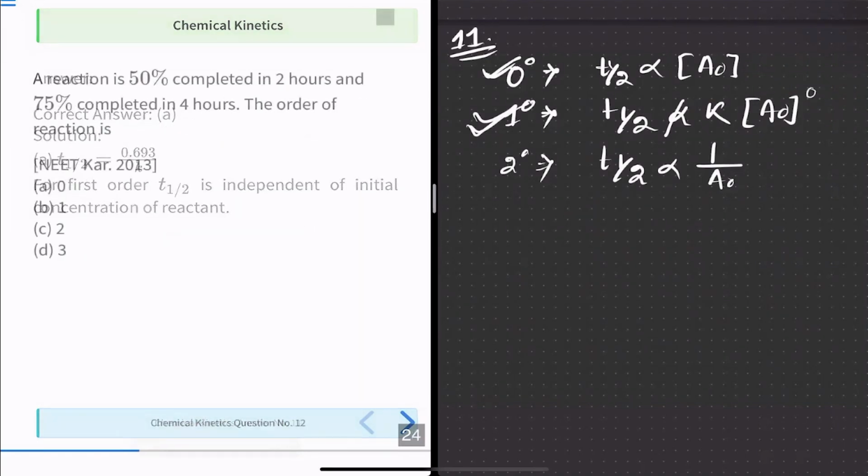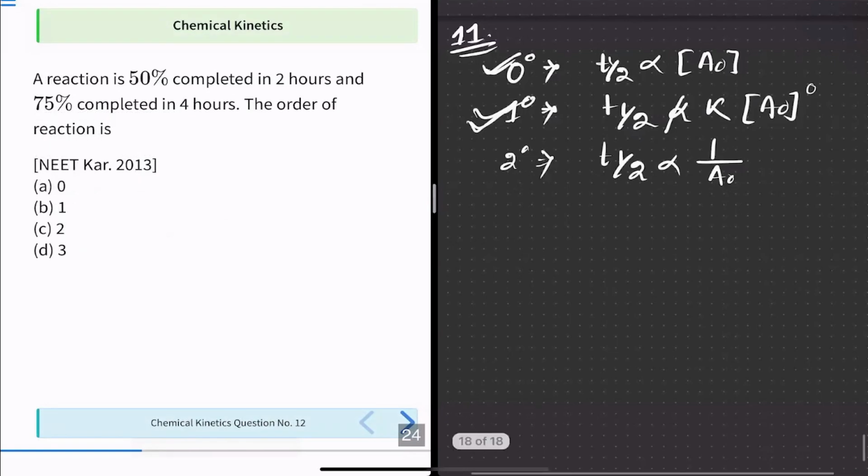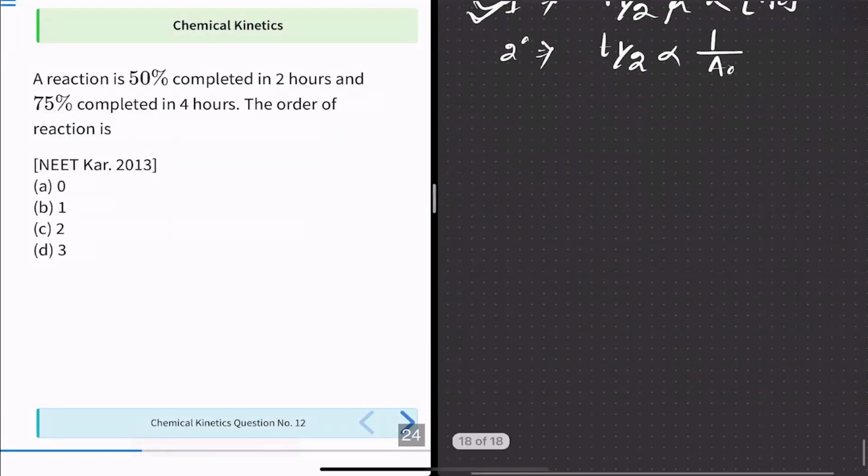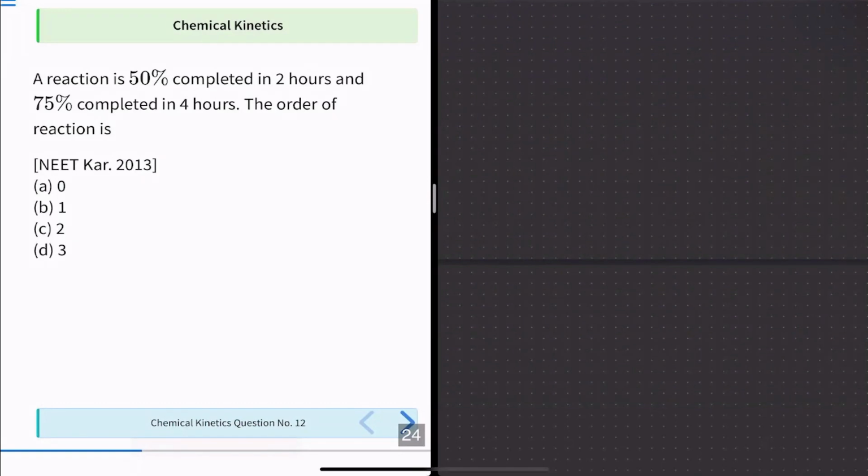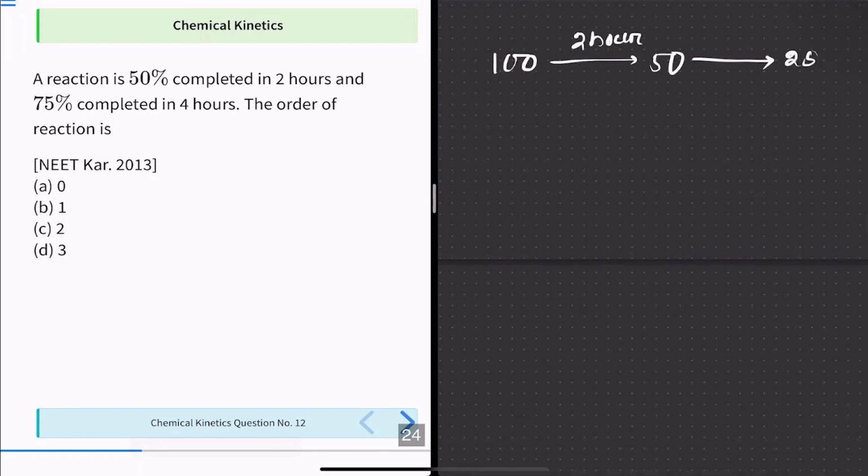Question number 12. A reaction is 50% completed in 2 hours and 75% completed in 4 hours. Find the order of the reaction. Okay. If the initial concentration is 100, it is converted into 50 in 2 hours. Then when it is completed by 75%, it means it is converted into 25, and it takes 4 hours.